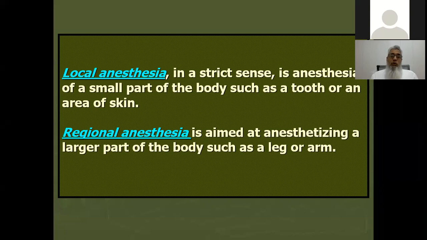But when these local anesthetics are injected into the intrathecal or epidural space in large doses, the whole limb is paralyzed. The dermatomes beyond that level of spinal cord are anesthetized. So the major surgeries can be carried out with regional anesthesia.